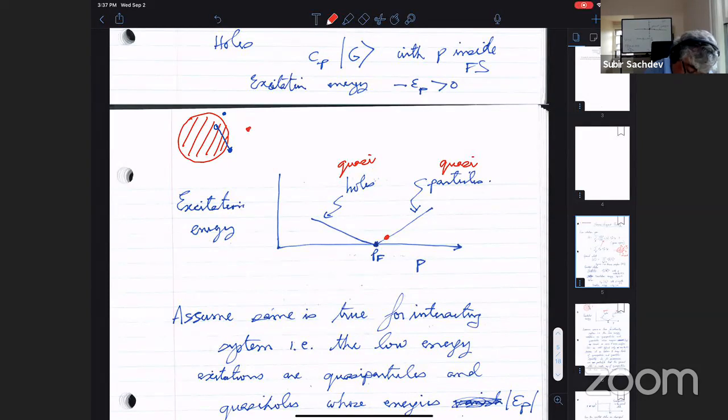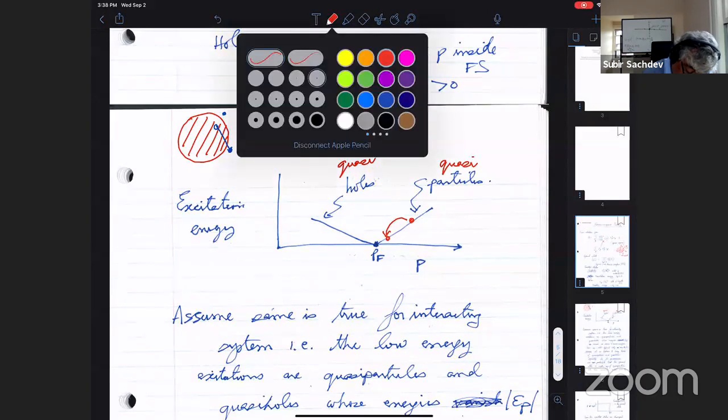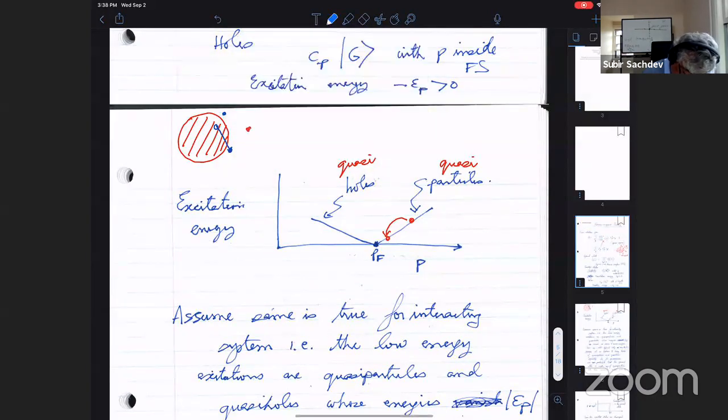So this particle gets scattered. Let me also remove it from here. So I'm going to put the particle over here. And what this does is this particle gets scattered to some other position here. And then there's a hole that you create down here. And that gives you another particle that gets scattered to, say, over there.